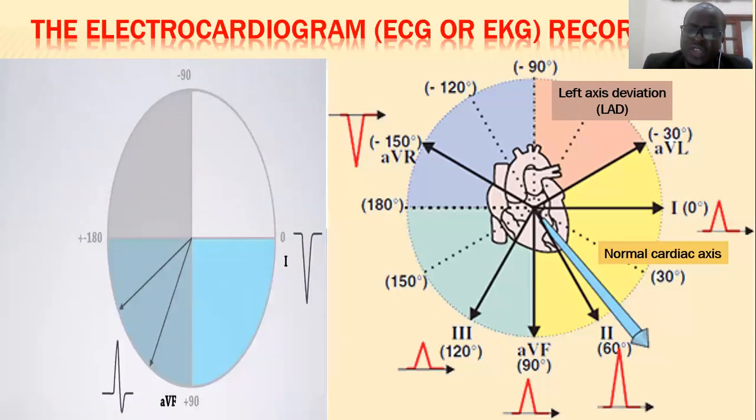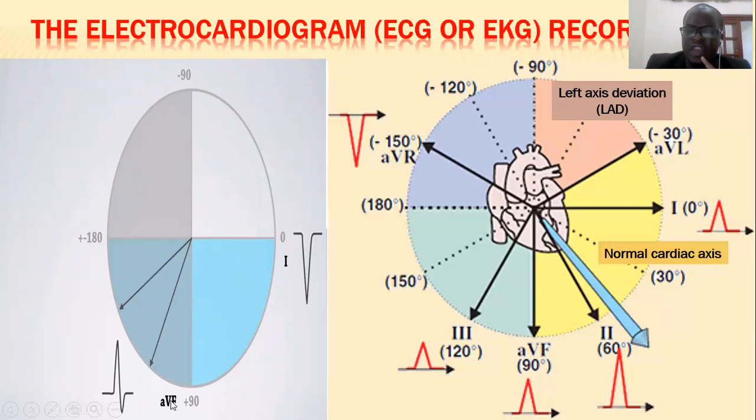Then if lead 1 is negative, you don't check for lead 2. When lead 1 is negative, you check for AVF. If lead 1 is negative here, so it means it's this part shown in gray, then you check for AVF.